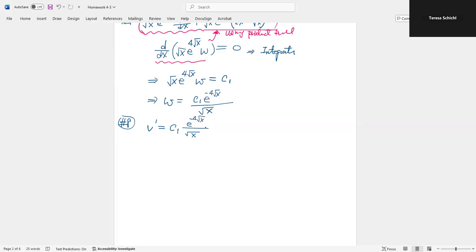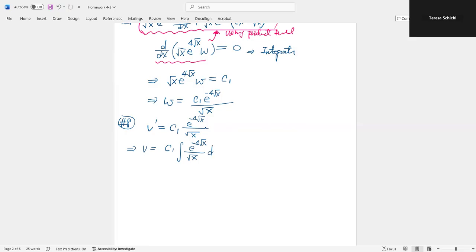Now in order to find the V of x, what I need to do is integrate, right? So it's C1 and here this is e to the negative 4 square root of x, square root of x dx.